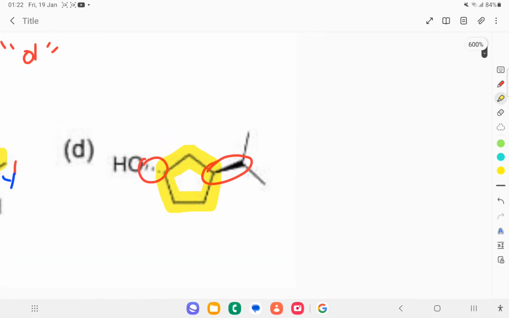Why 3? Because the carbon bonded to the OH group must be named the first carbon, and then this is the second and the third carbon, fourth, fifth carbon.